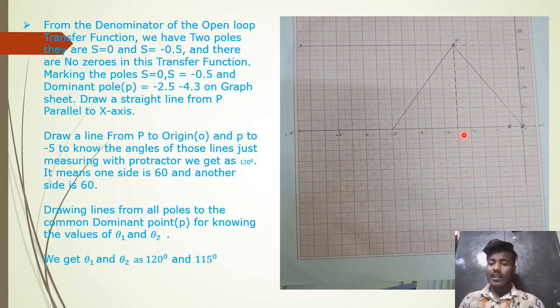It means here x has minus 2.5 and the imaginary part 4.3. If we join these poles and the dominant pole, we get an angle of 120 degrees. It means here is 60 and another side is 60 degrees. Drawing a parallel line with x-axis from dominant pole P, it is known as AP.